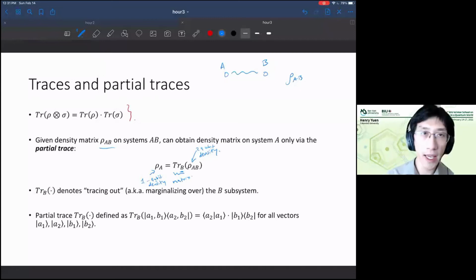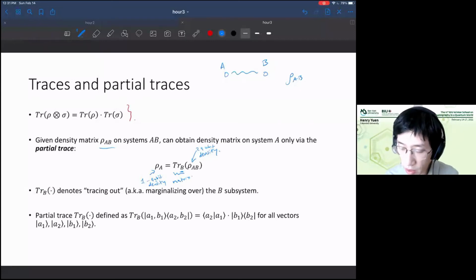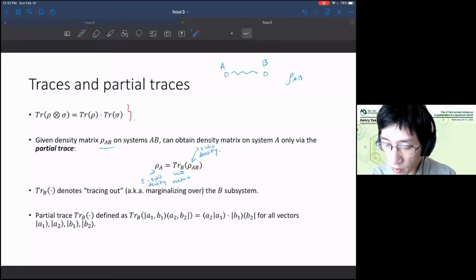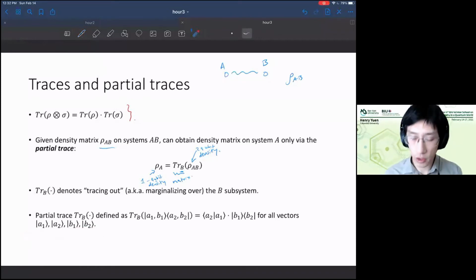So what are the mechanics of this partial trace? Well, we can define it by its behavior on basis states, or just tensor products of vectors. So let's say that you had these 4 vectors.